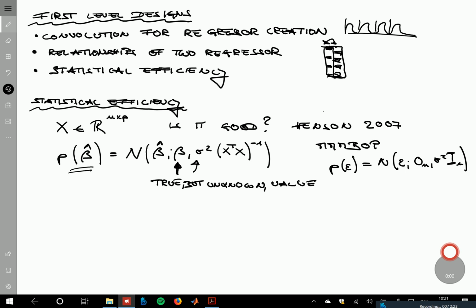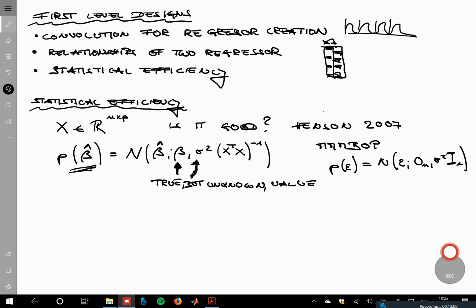It has the true but unknown beta values, meaning that if you sample many times from your assumed GLM and average all your beta estimates, your average will, in the limit of infinite sampling, approach the true but unknown values of the beta parameters, and the variability of the beta hat is dependent on the variability of the errors.